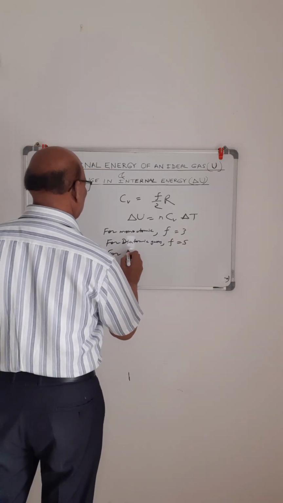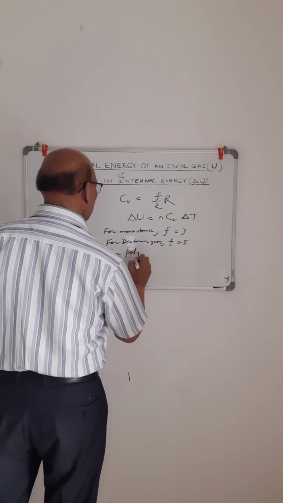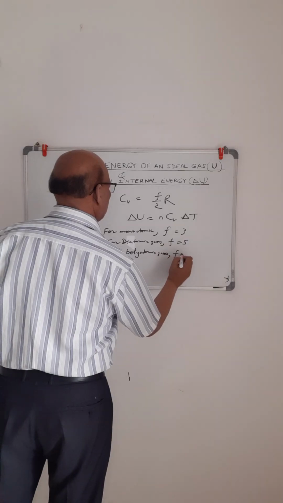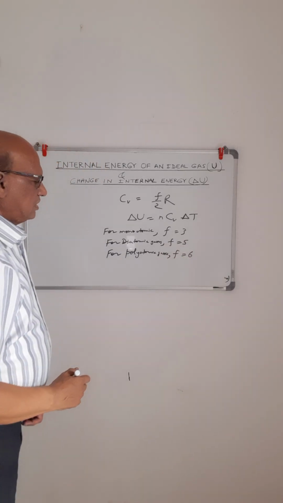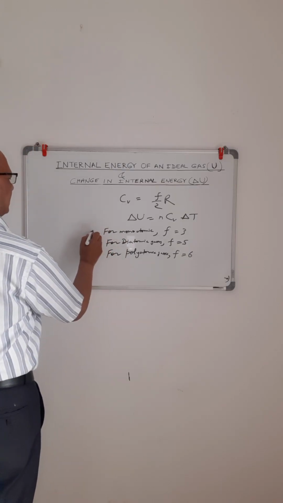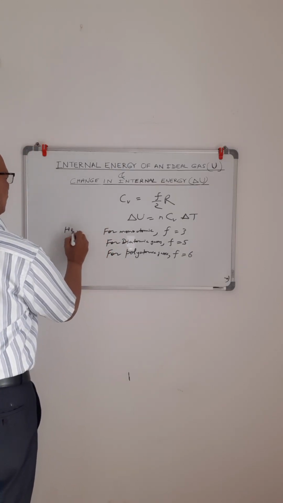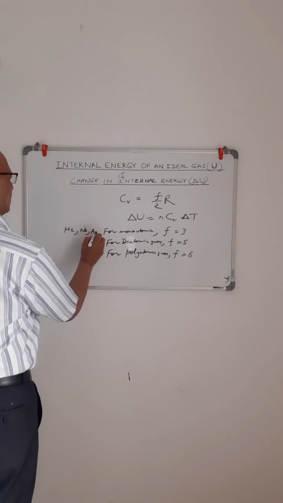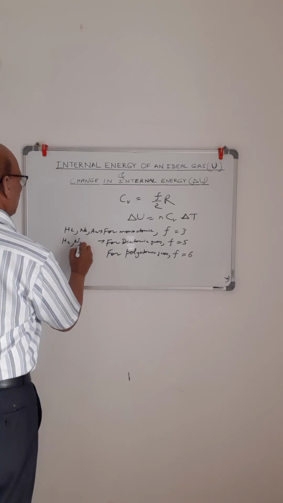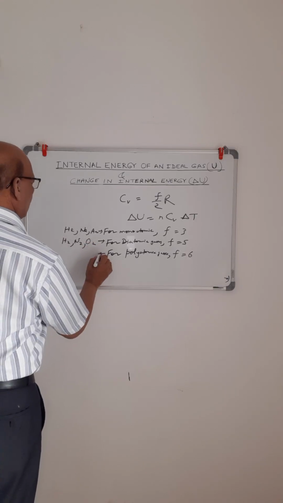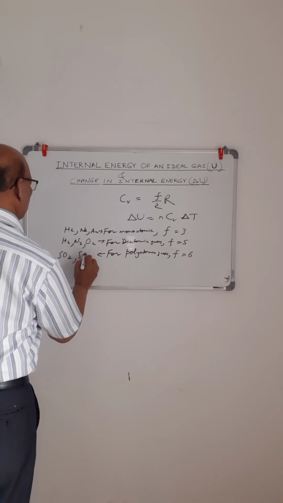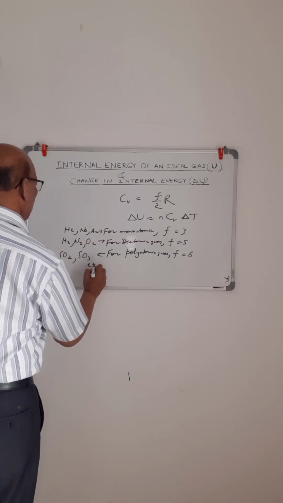And for polyatomic gases, that is triatomic and polyatomic gases, its degrees of freedom is 6. That is 3 translational and 3 rotational. Examples of monoatomic gas may be helium, neon, argon, and for diatomic it may be hydrogen, nitrogen, oxygen, etc. For triatomic or polyatomic it may be sulfur dioxide, sulfur trioxide, etc.